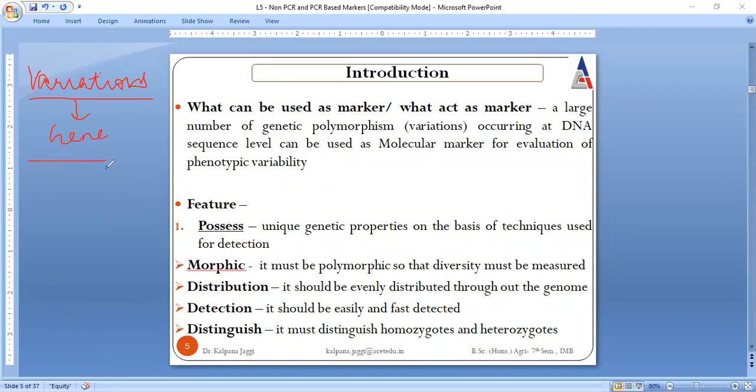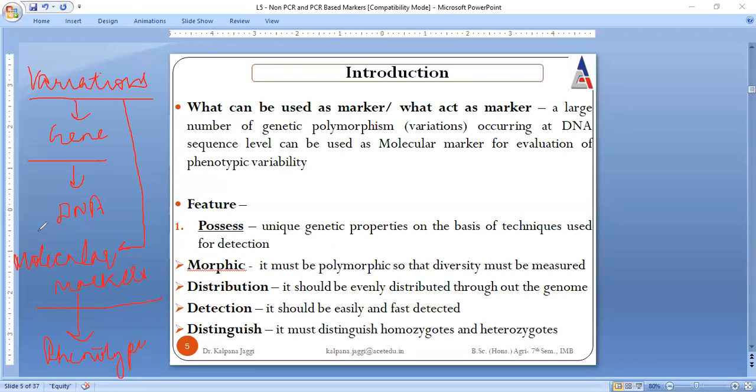And when we say gene, it is very clear we are talking about DNA, because a large number of variations and changes are taking place at the DNA sequence level. These variations can be used as molecular markers for the evaluation of variability that is taking place in terms of phenotype.